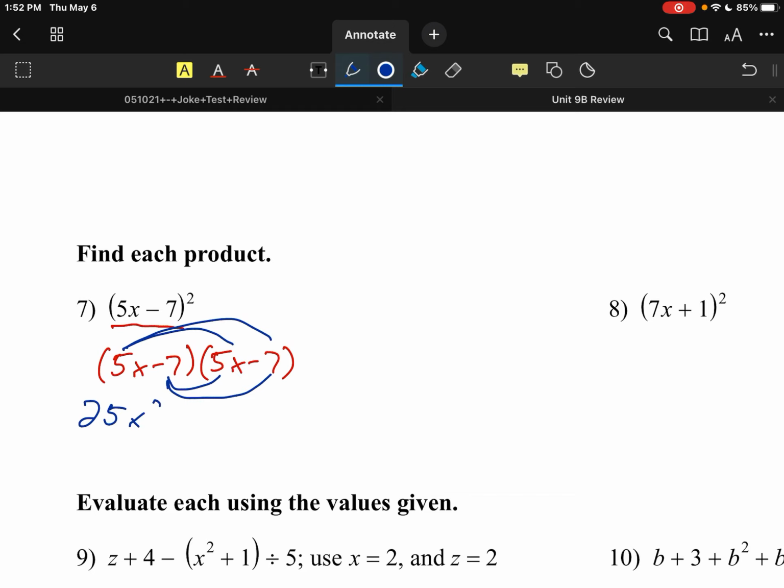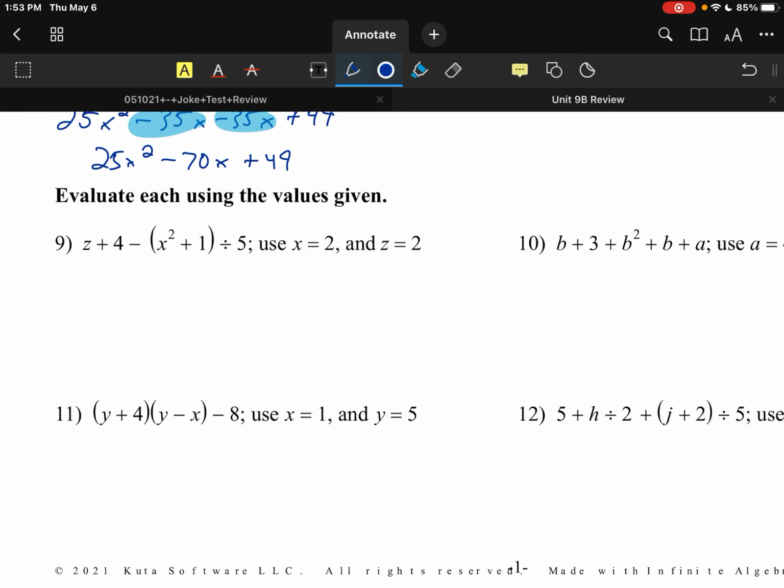So you get 25x squared minus 35x, and then minus 35x, and then plus 49. And then you add these up together. So you should get 25x squared minus 70x plus 49. Okay, you can do number 8.